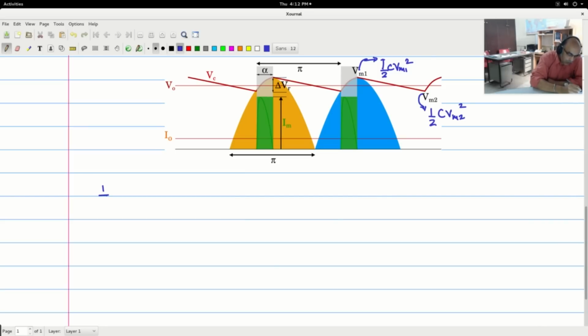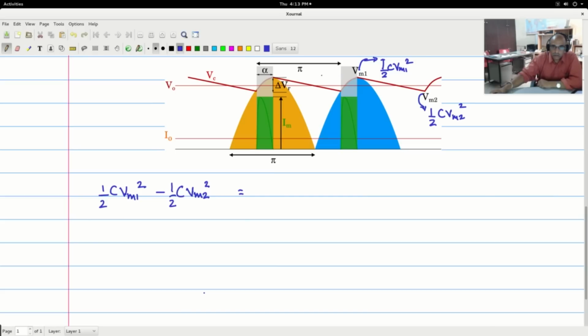So half C Vm1 square minus half C Vm2 square goes to the load, and it is actually not for the full pi period, it is for a period of time pi minus alpha.